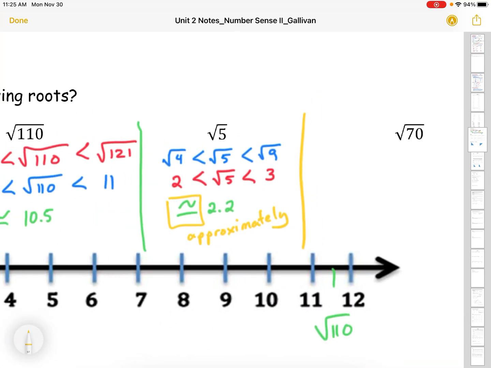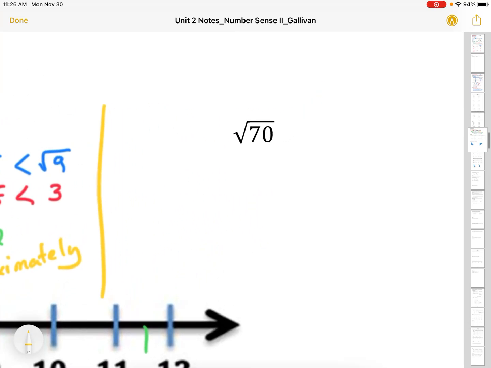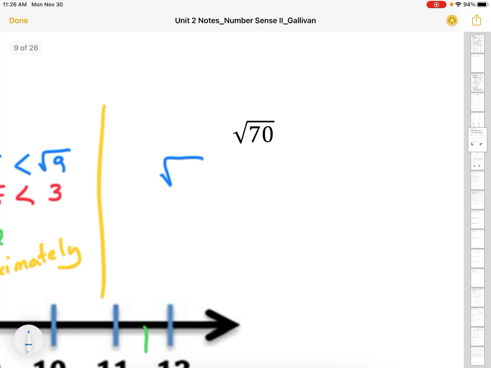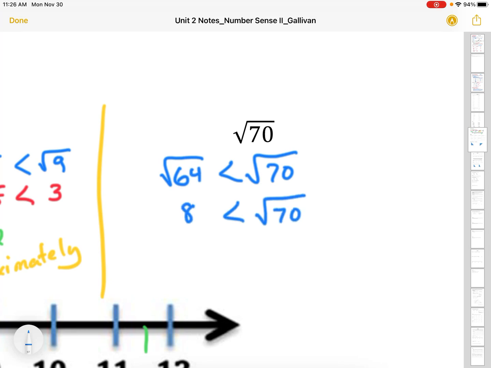Okay, and one last one. We're really looking at either side, right? The perfect square just lower than 70 would be 64, so that would be 8. The next one up would be 9 squared, which is 81.